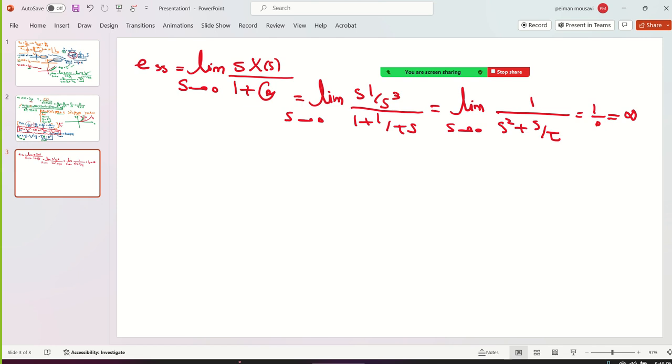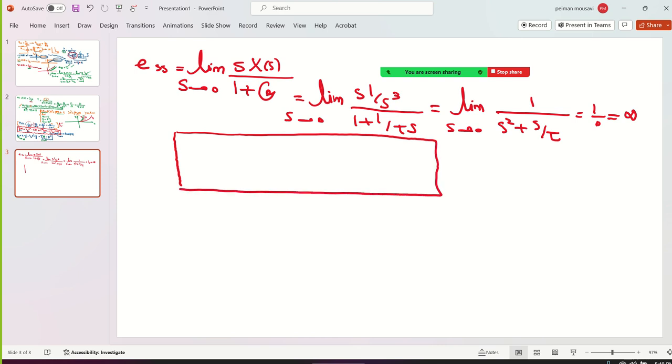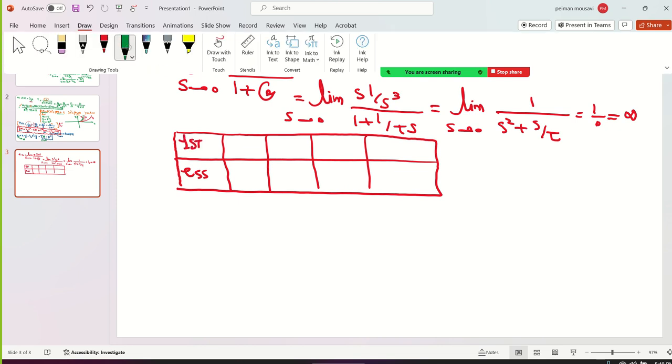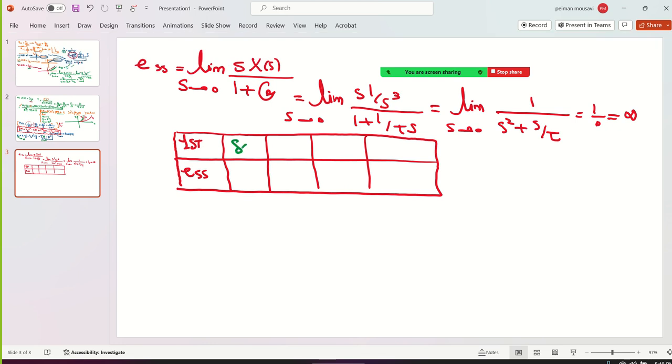So you can make a table here. Actually, I'm going to extend the table after second order systems. Okay, but for now, you can make a table. Here is ESS. This is the first order systems. And this is the impulse as input, step as input, unit step, ramp, and parabolic.